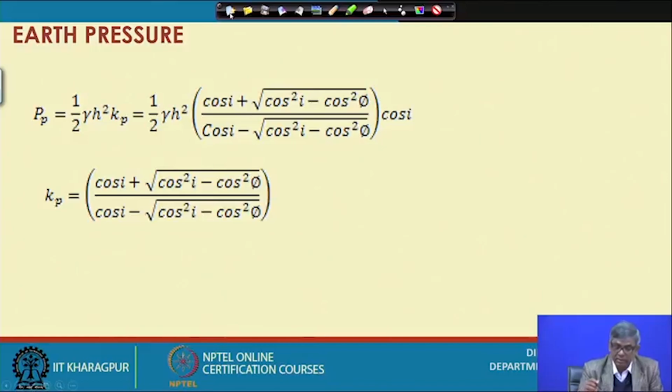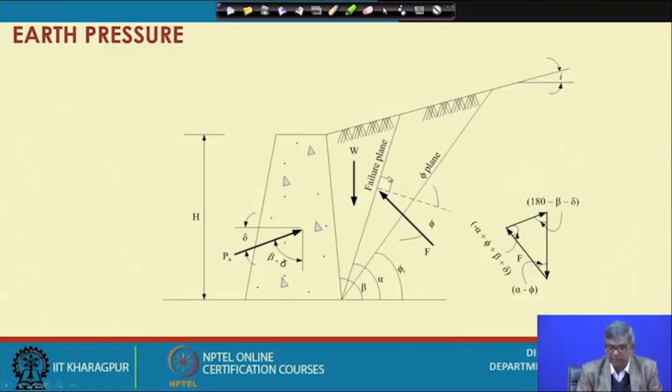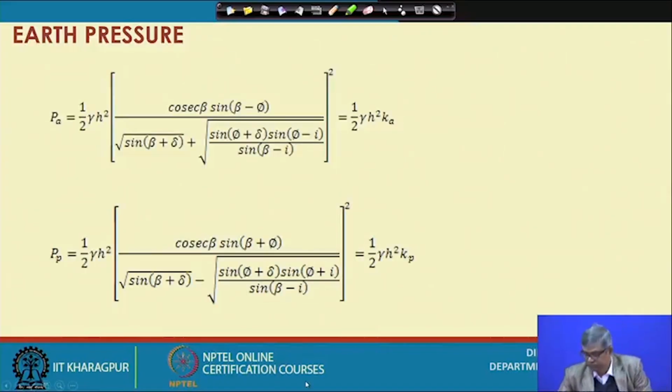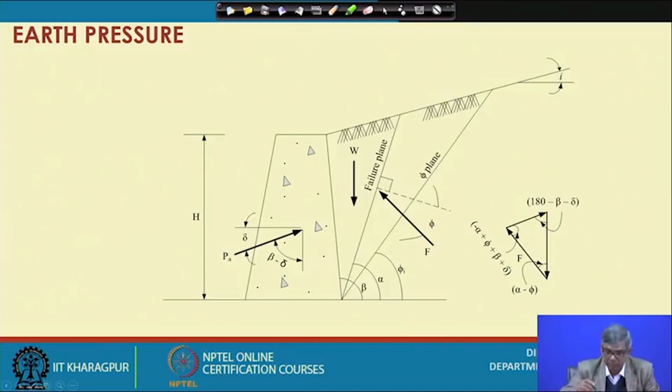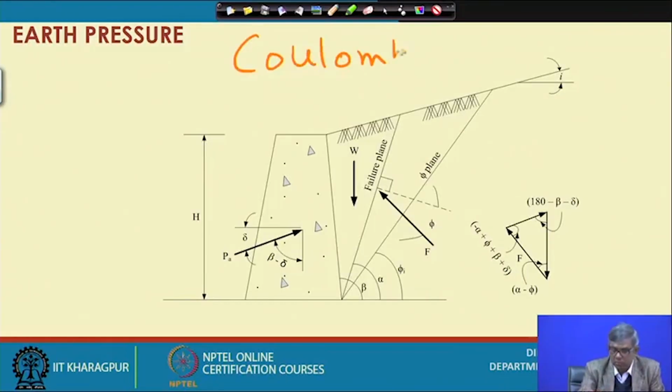Now we will look at some other thing, that is Coulomb, sorry. We have assumed Rankine's theory, this is Coulomb theory.